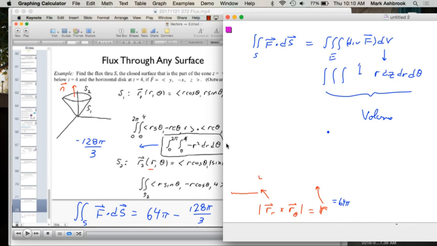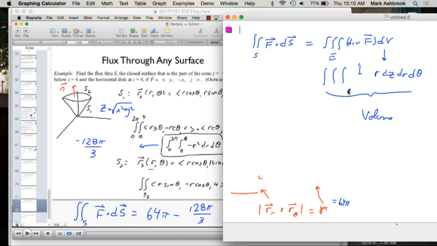So z goes from what to what? Good. This cone is z equals square root of x squared plus y squared. So z is going to go from the bottom, which is the cone, to the top, which is the horizontal plane.